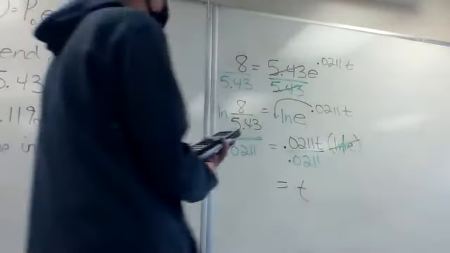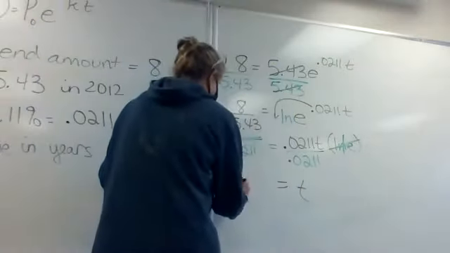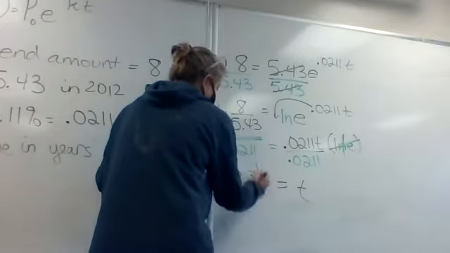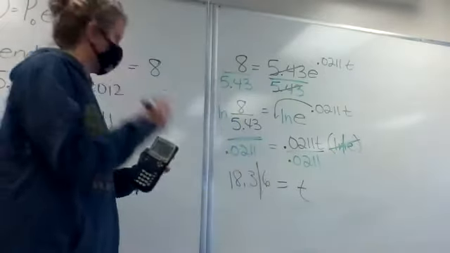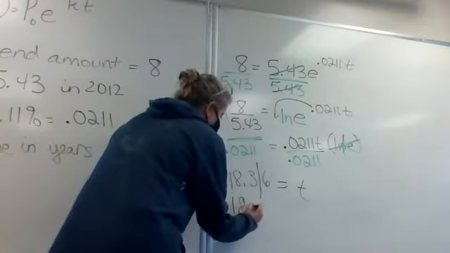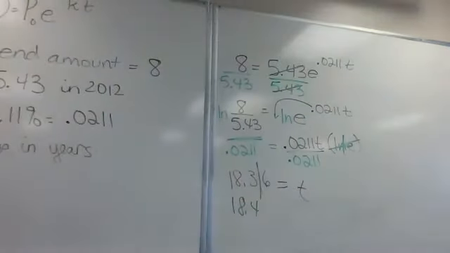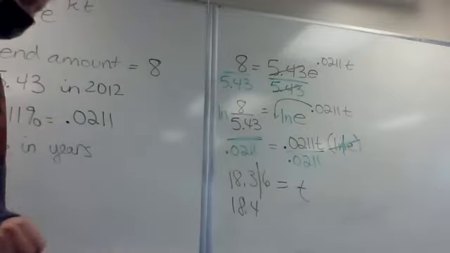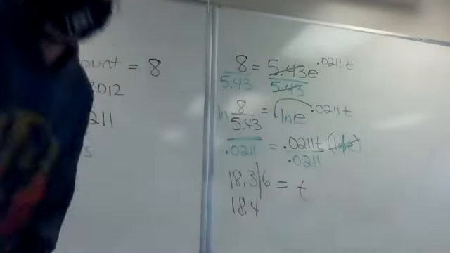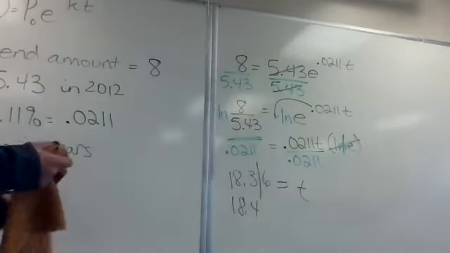So I have 18.36. Going 1 decimal place, that's just going to round up to 18.4. So it'll take 18.4 years after 2012 for the population to get to 8 million.